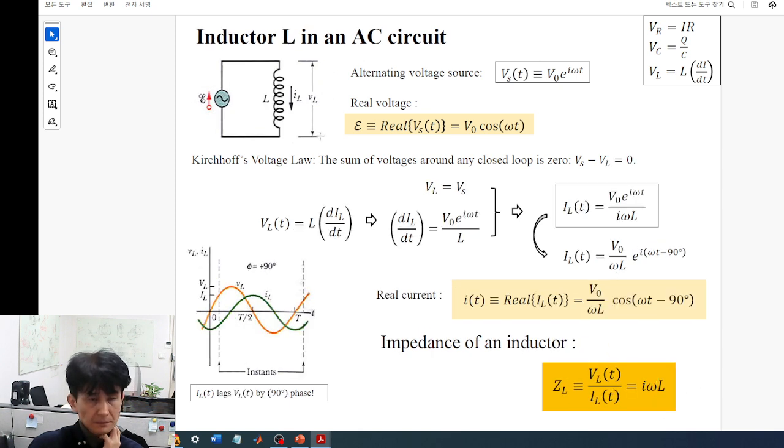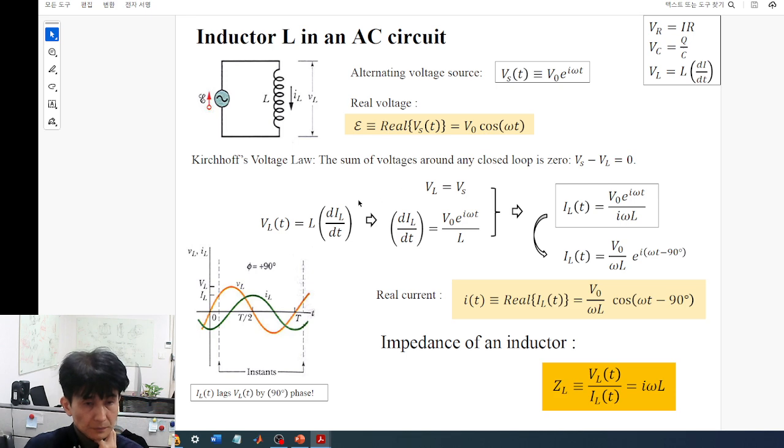Similarly, if we have just an inductor here, voltage is given as a complex number like this, V0 exponential i omega t, and as there is only one component, Vs should be equal to VL because of Kirchhoff's circuit law.